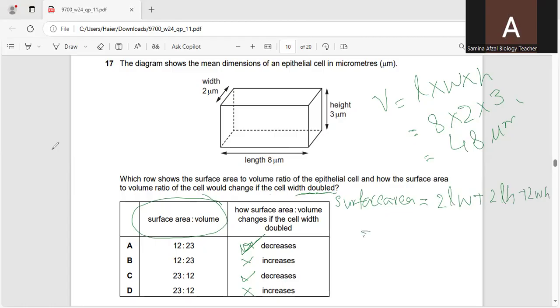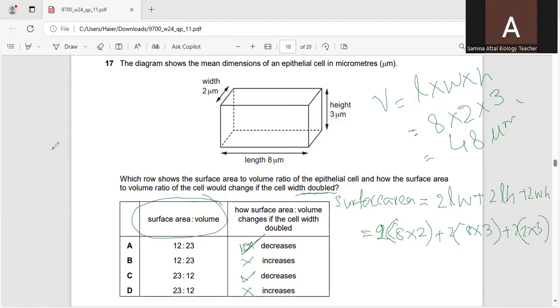So we will put in the values. 8 into width, which is 2, plus 2 into length 8 into height 3, plus 2 into width 2 into height 3.